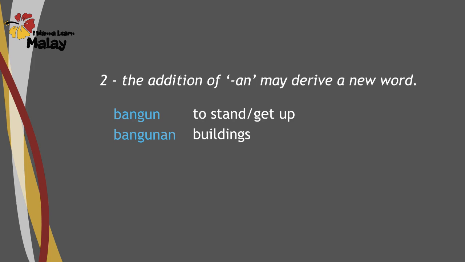But if we add an at the back, bangunan, it actually means a building. Or pakai, which is to wear or to use something. So if we add an at the back, pakaian, it means clothes. So addition of an at the back of verbs works in most cases, but not in all cases.